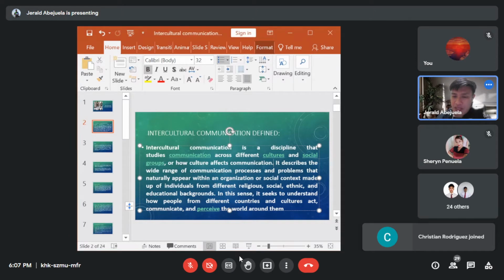I repeat, is communication still possible even if the culture of the communicators are different? Shireen. Posible pa rin ba na mag-take place ang communication kahit yung people na involved there ay magkaiba sila ng culture?